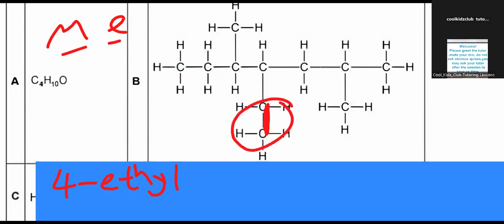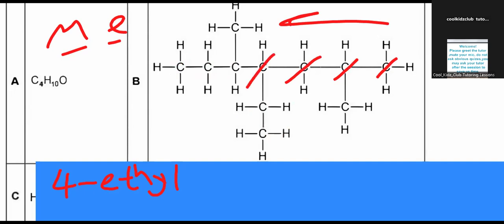And on number 2, because we started from left to right, on number 2, sorry, it's 4. I mean, we start from the right to the left. Sorry, 1, 2, 3, 4. My apologies. So we start from right to left. I advise you start from left to right.